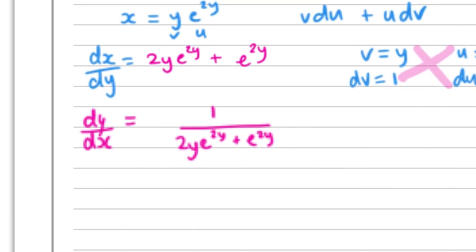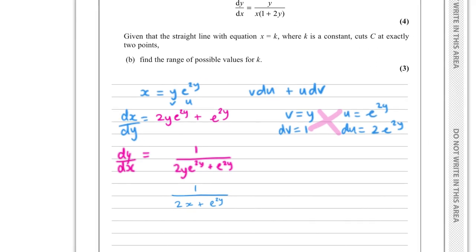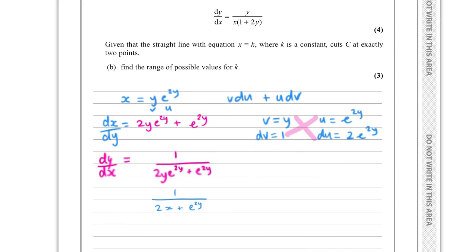So what do we know? We know that actually x equals y e to the 2y. So instead of writing y e to the 2y here, I can write 1 over 2x plus e to the 2y. Okay, that looks good so far.